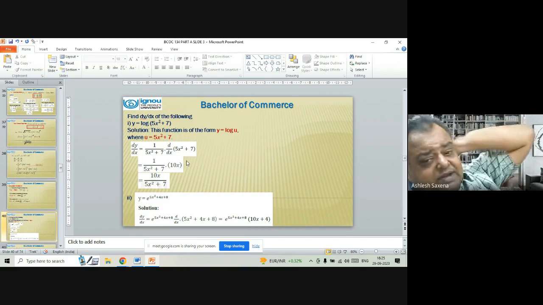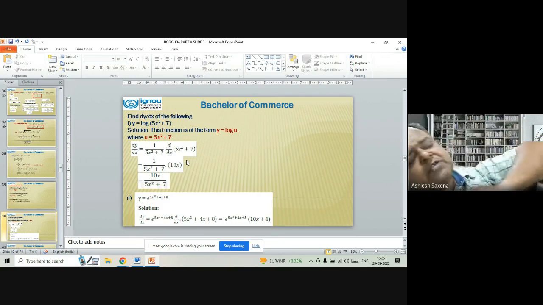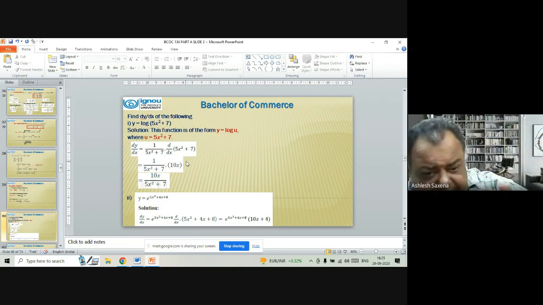The second one is e raised to the power 5x² + 4x + 8. Straight away, anything in the form of e raised to the power x has its derivative written in that same form, and we have to differentiate the power again.